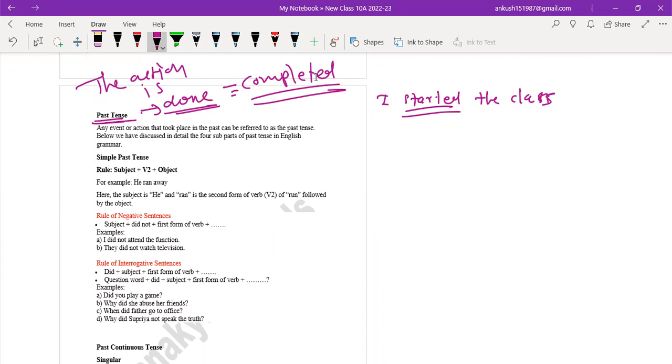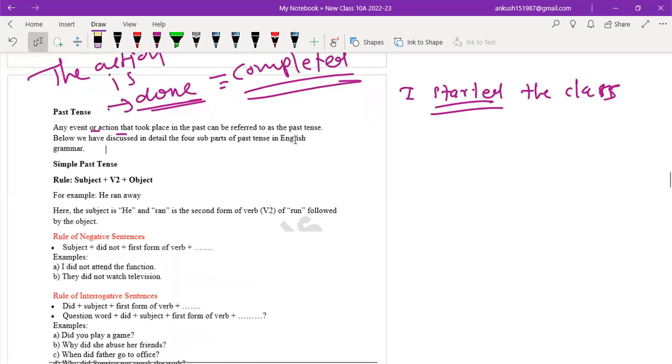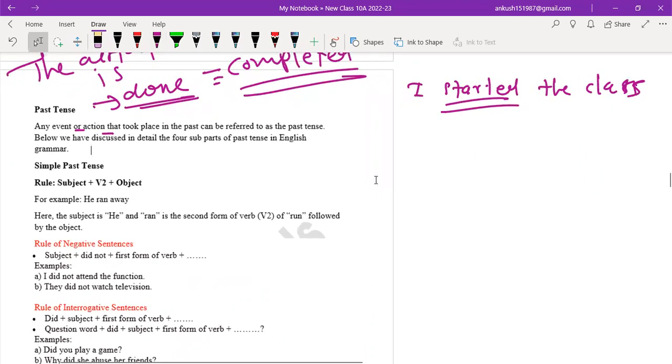I can use that completed action and tell it in the simple past tense. So any event or action that took place in the past can be referred to as the past tense.